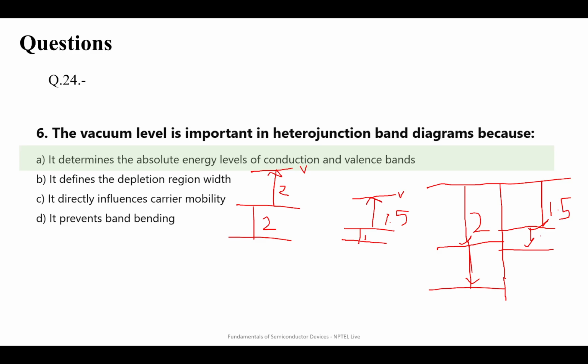Yes, this is type 2. So without electron affinity, you can't say what the band alignment is with just band gap values.